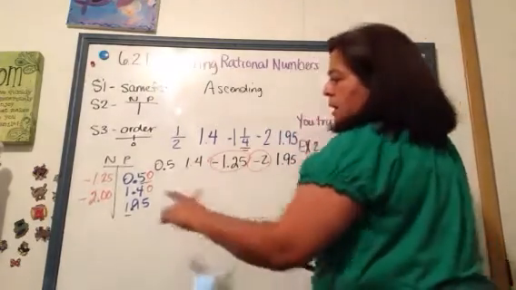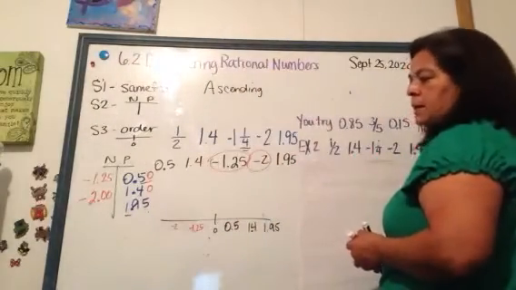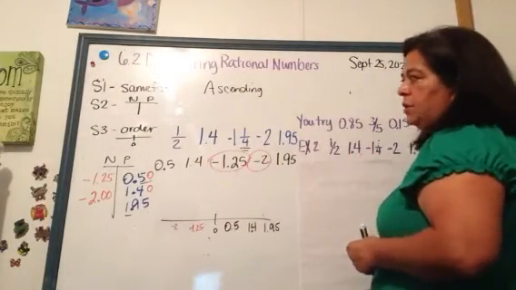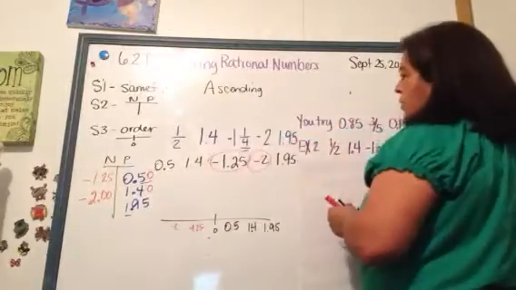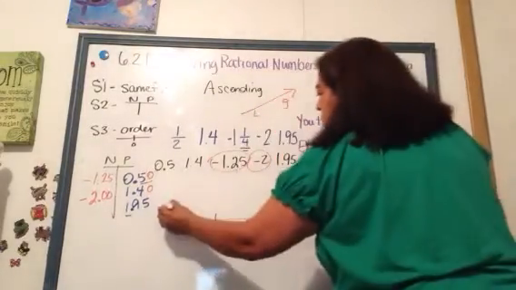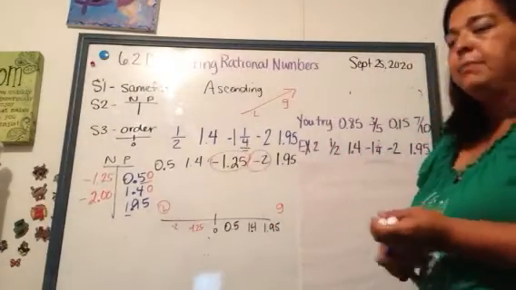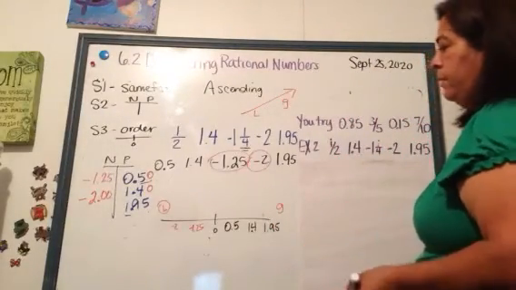Okay? -2 is right here. So now they're in order and I can write them to answer my question. I'm going to put them in ascending order, and again, ascending order means least to greatest, the least amount to the greatest amount.